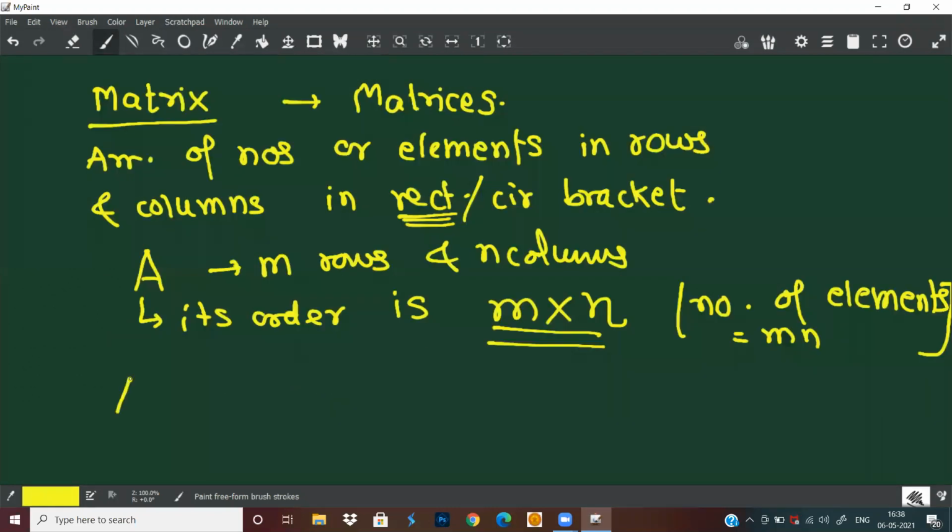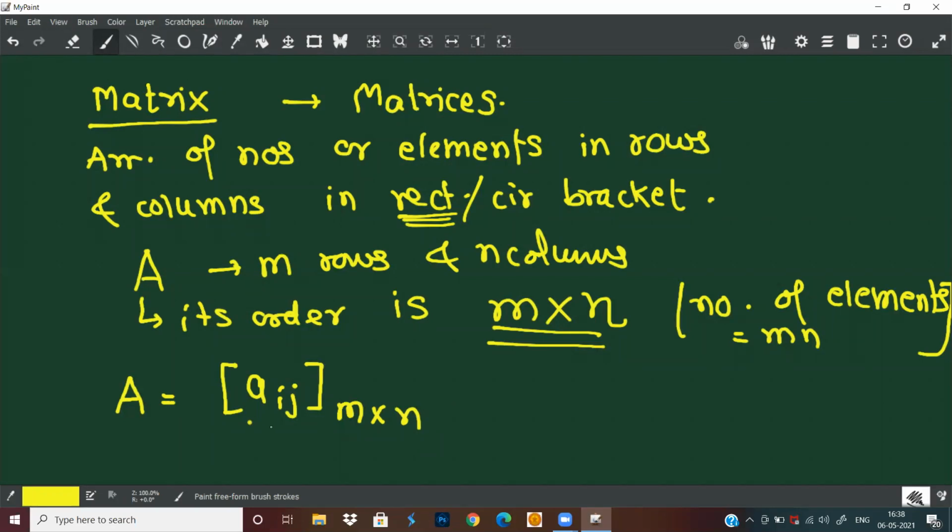Now in general, I write Aij. This is the way we represent a matrix, m by n. What does this mean? Name of the matrix is capital A. Its order is m by n, means it has m rows and n columns.